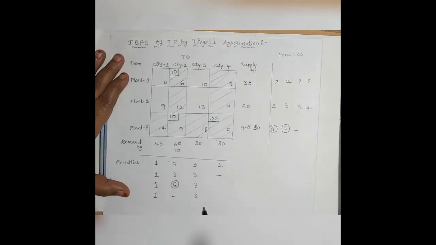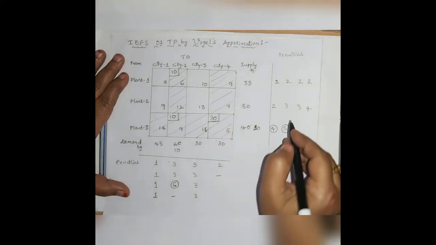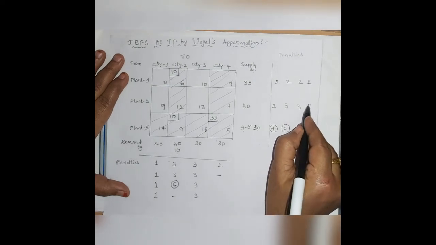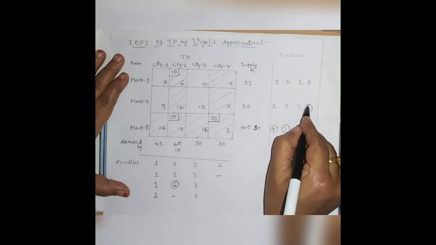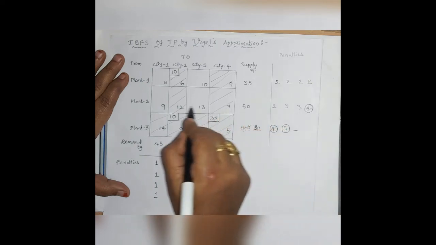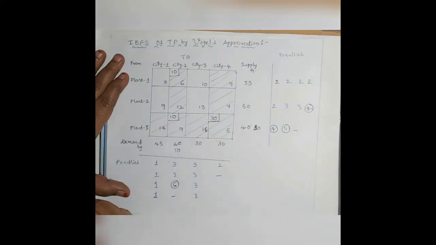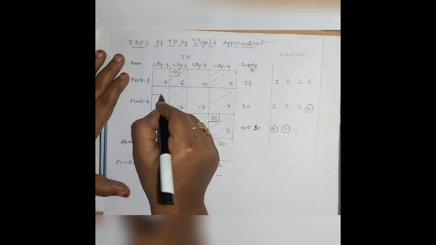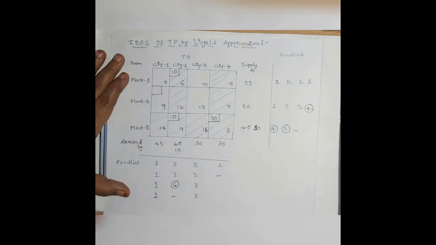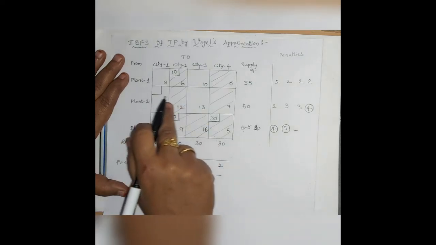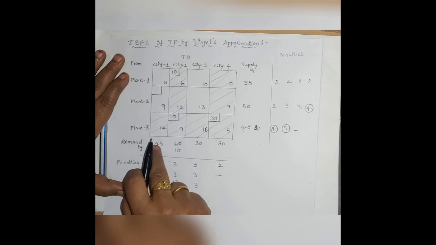Now, so out of the penalties, as you know, you need to consider the largest penalty. So the largest penalty is this. So in this particular row, you need to consider the least cost. The least cost here is 9. Okay. So here in this particular row and column, you check the availability and the requirement.